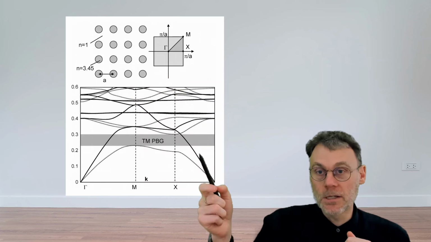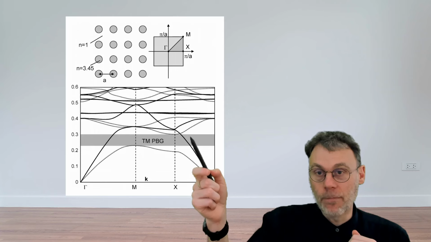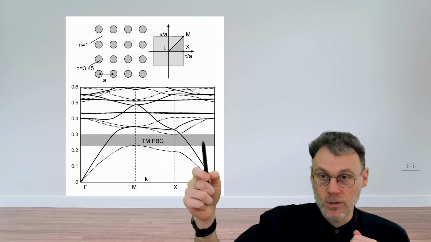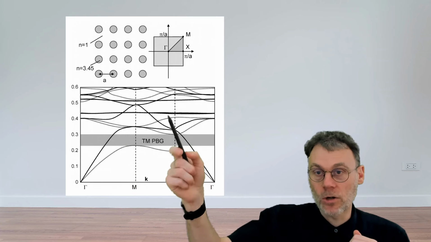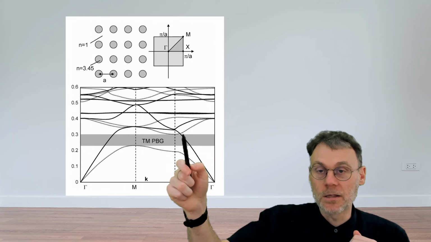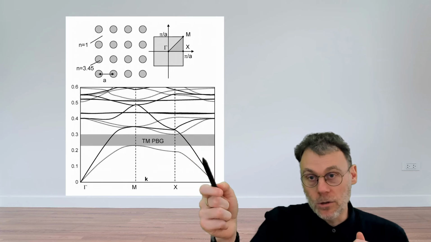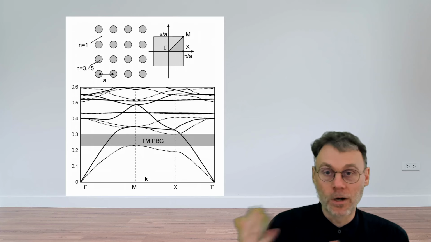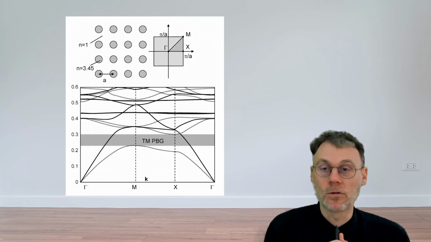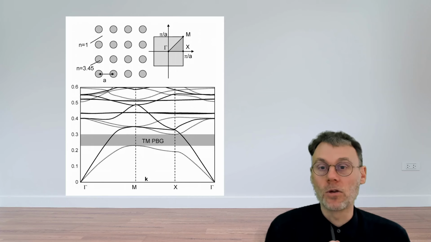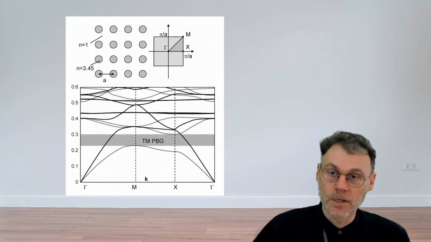And then you see for these dashed lines that there is indeed a band gap over here where no propagating modes are present. So if you excite this structure with TM light, with the frequency in this band gap, you will get full reflection. You'll also notice that that's not true for TE polarization. So polarization is another thing you need to take into account if you want to design a nice reflector using this photonic structure, this photonic crystal.